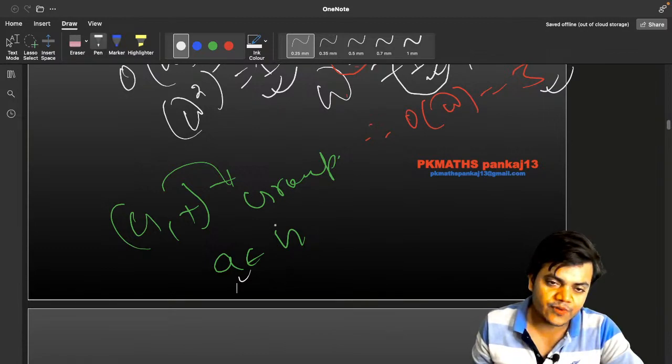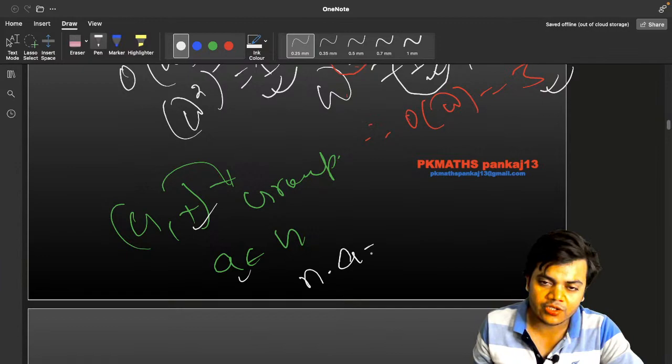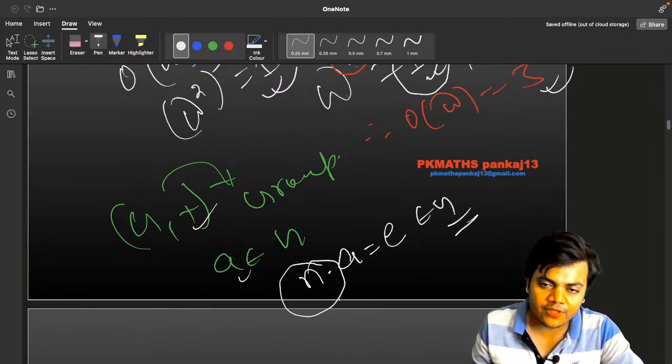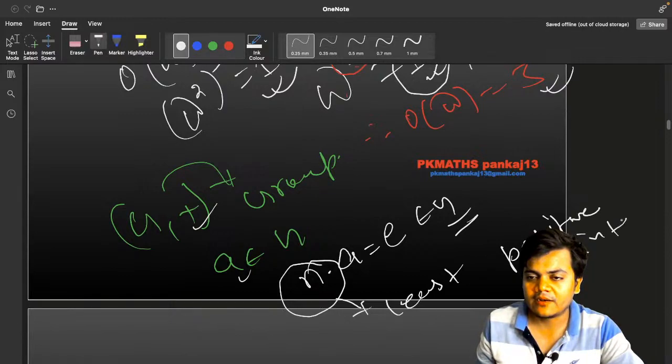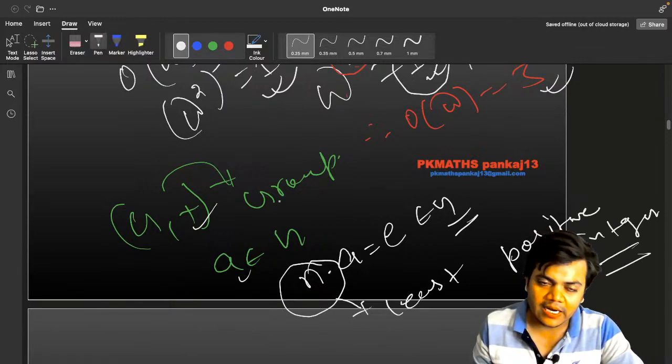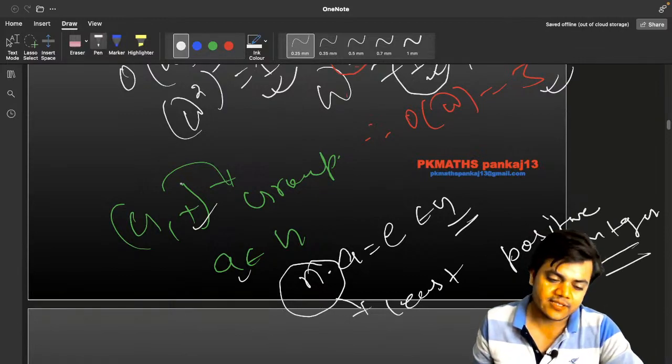So in that case with respect to addition we just used to see nA is equal to E belongs to G. Okay, then this least positive integer n is called the order of an element, where addition as the binary operation is given.